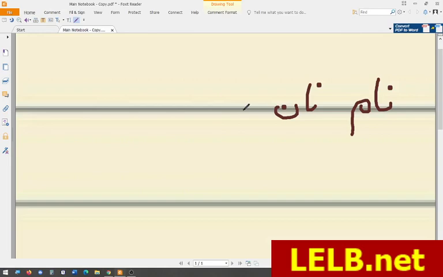And sen. Sin, nun. Sen means age. For example, how old are you? Instead of just in Farsi you should say سن شما چنده؟ چقدر سن دارید؟ سنتون چیه؟ Okay?